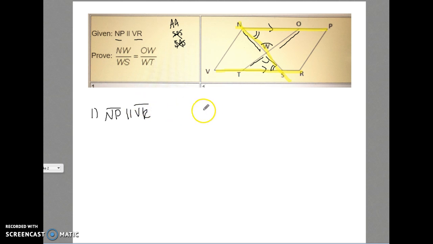The first thing you're going to do is always start out with your given statement. So this is what we're given. And from there, I would always suggest thinking, what did you mark from the given statement? You marked that these lines were parallel, and since the lines were parallel, you found these alternate interior angles being congruent.